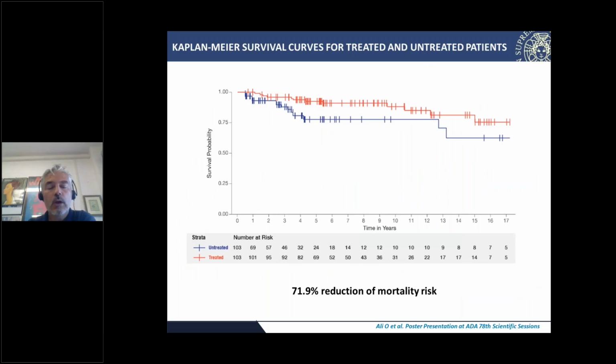So we do not have large sets of data, but there is some emerging evidence indicating that the precocious treatment with metreleptin in lipodystrophic patients, especially in congenital generalized forms, can clearly reduce the mortality risk by 80% or so.